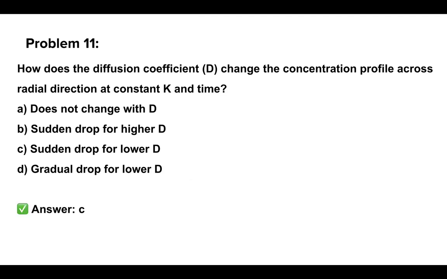When the diffusion coefficient changes, for the concentration profile across the radial direction for a constant k and time, there is a sudden drop for lower D. Lower D means there is a competition between the diffusion and the rate of reaction. When diffusion coefficient is very low, the rate of reaction is what is dominating. So there will be a sudden decrease in the concentration of the element A. So that is sudden drop for lower D. The answer is C.